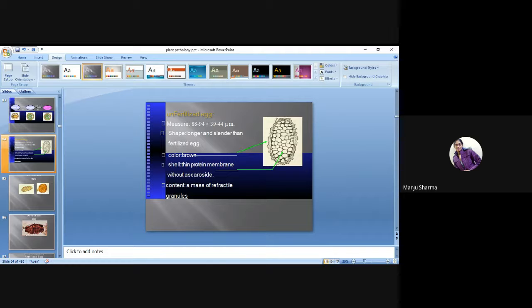The unfertilized egg measures 88 to 94 by 39 to 44 μm. The shape is longer and more cylindrical than the fertilized egg.